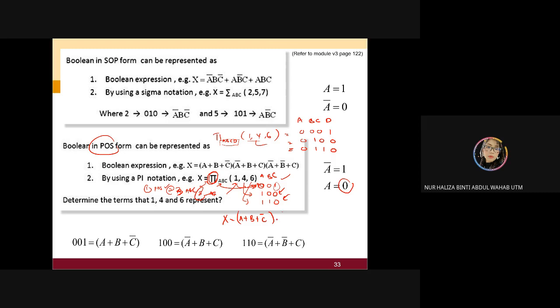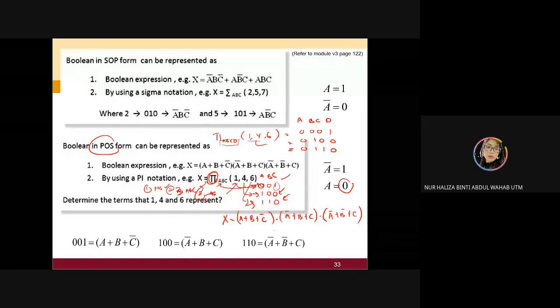Second, A bar plus B plus C. And the third will be A bar plus B bar plus C. Why? Because it refers to this one.